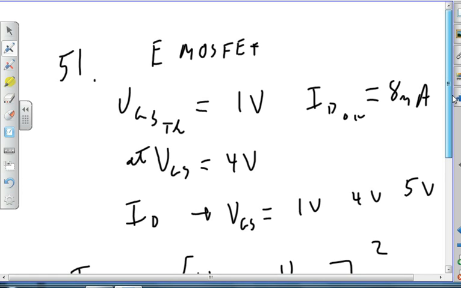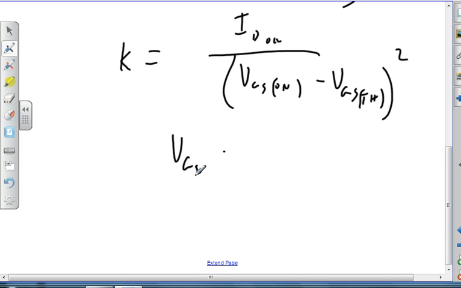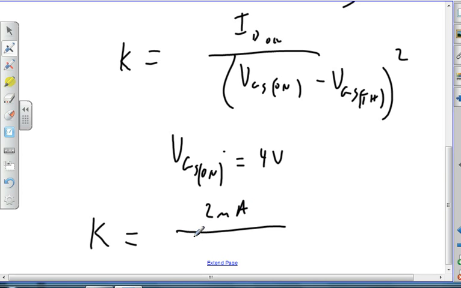Okay, so VGS on is 4 volts. So I'm going to calculate K first. K is equal to ID on (2 milliamps) divided by 4 volts minus 3 volts squared. Well, that's good. I like that. So that's 2 milliamps. All right. So now I'm going to calculate ID.